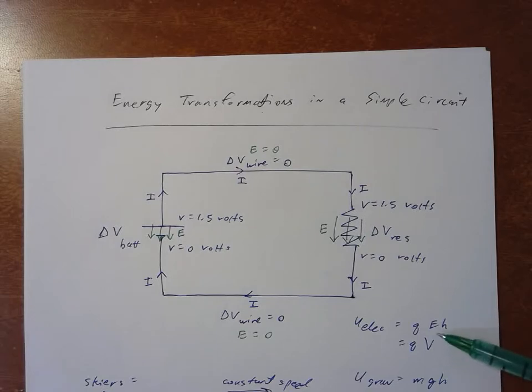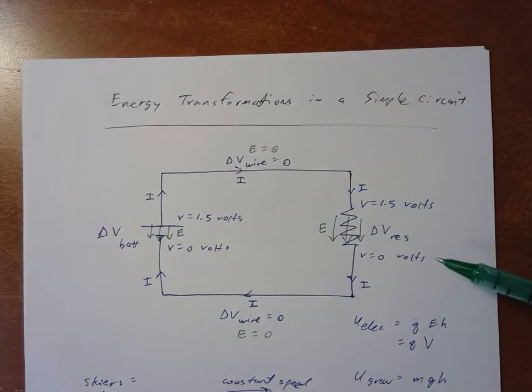And since E times H is what we mean by voltage, we can write that electric potential energy as Q times voltage. And that's very analogous to gravitational potential energy of a mass in a gravity field, which we know is mgh. So that's like QEH.